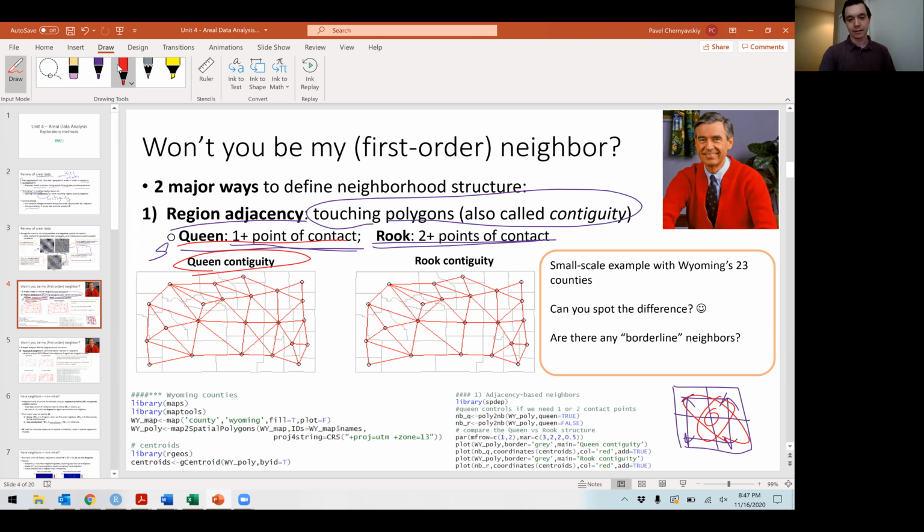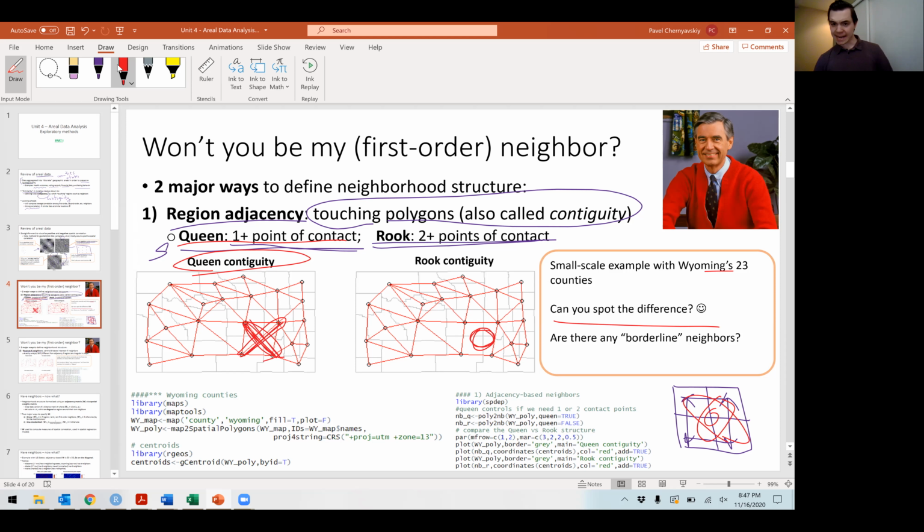Practically speaking, can you spot the difference? We have queen on the left and rook on the right, 23 counties. It's right here, guys. You're looking for crosses. In the rook contiguity pattern, this point of contact, this single shared vertex, is not counted. In the queen, it is counted.